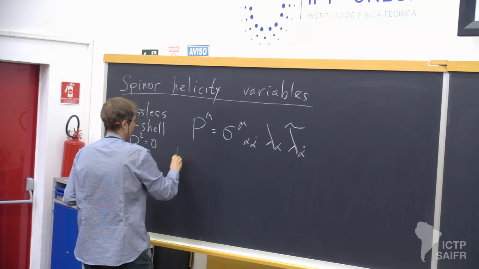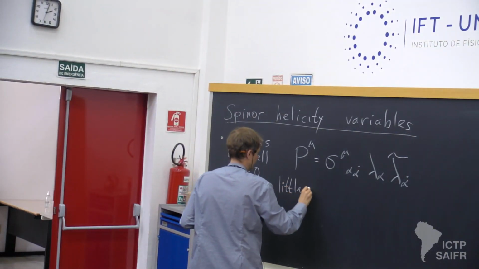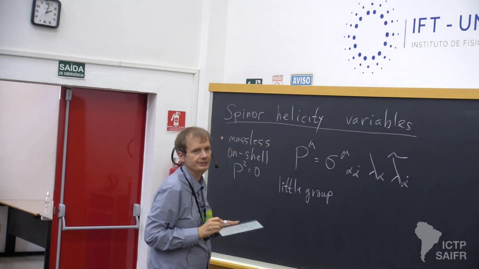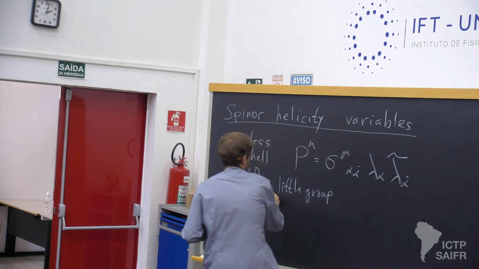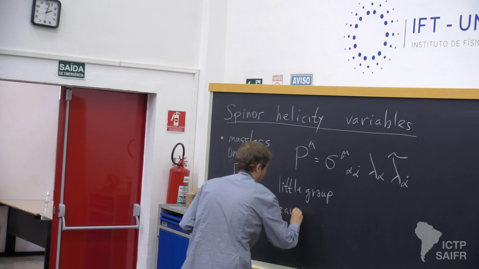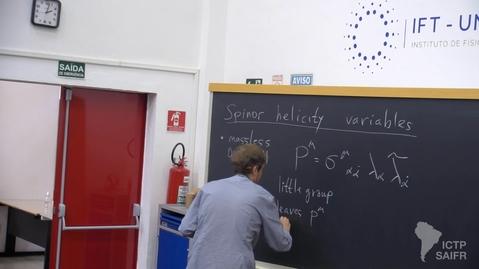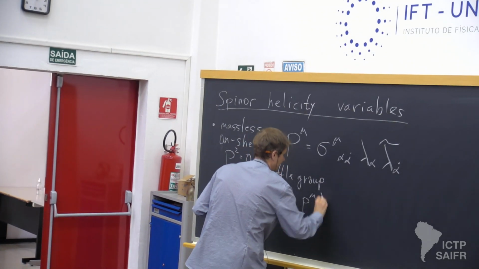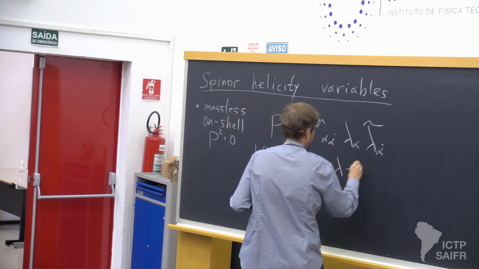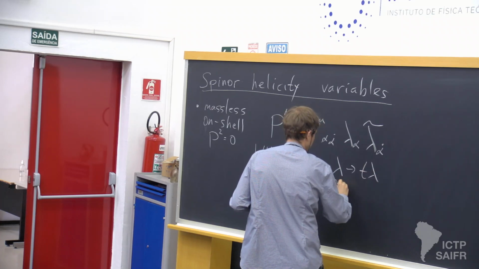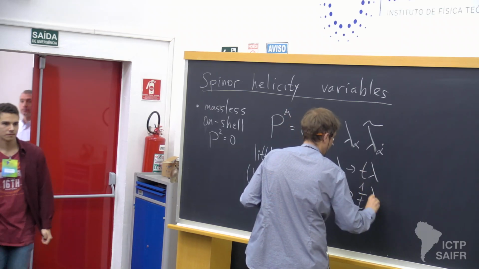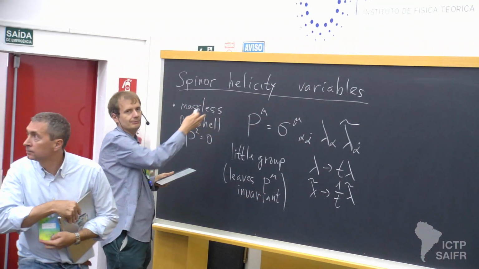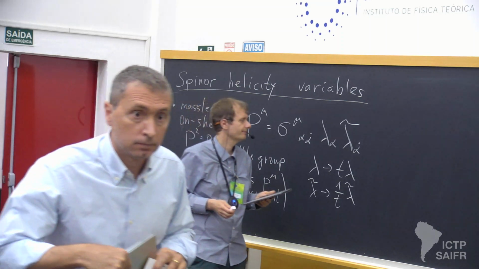And a little group transformation which leaves the momentum invariant, in terms of the Spinor-helicity variables, is just rescaling lambda to t lambda and lambda tilde to 1 over t lambda tilde, where t is complex, which leaves obviously the momentum invariant.